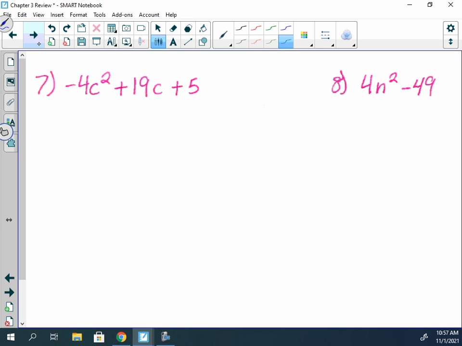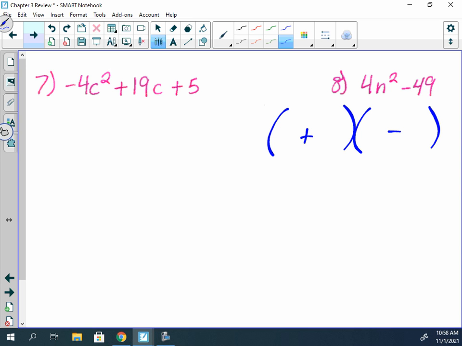Because 4n squared, is there a number that multiplied by itself that gives us 4n squared? Well, what times itself is 4? What times itself is n squared? N. So 2n times 2n is 4n squared, yes? What times itself is 49? 7. So this here is one of our difference of perfect squares.